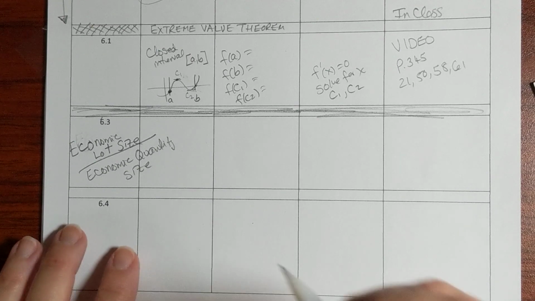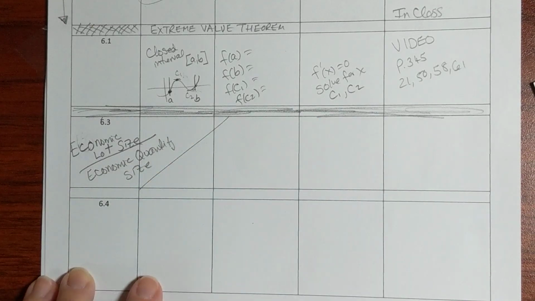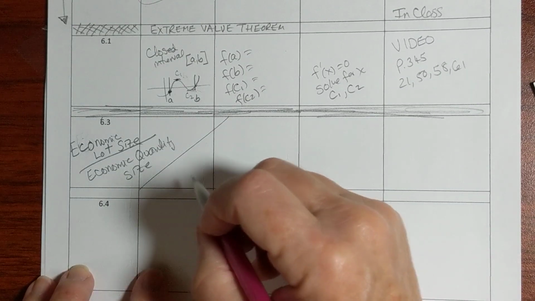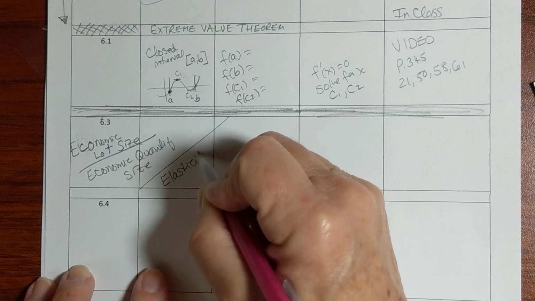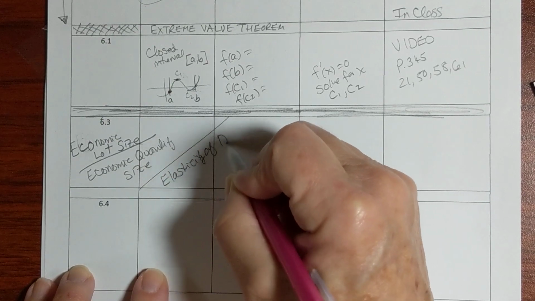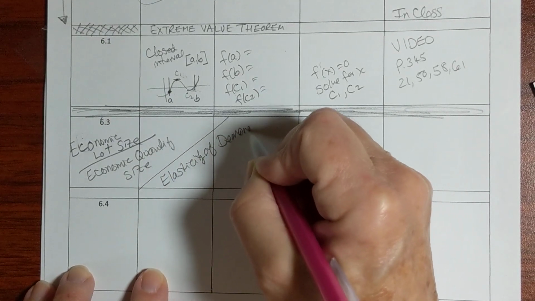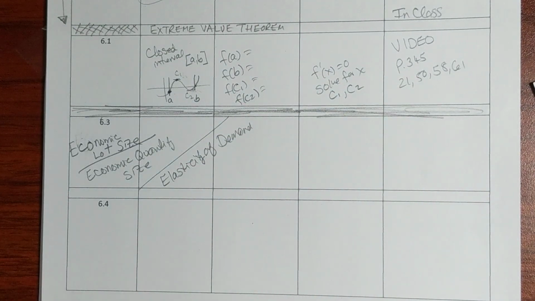It's not that hard. In addition to that, we're going to be looking at elasticity of demand. And so this is sort of a measure of how a change in price affects demand.